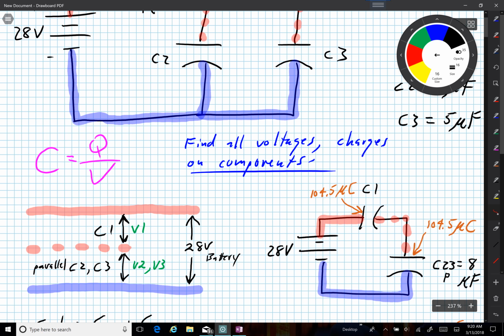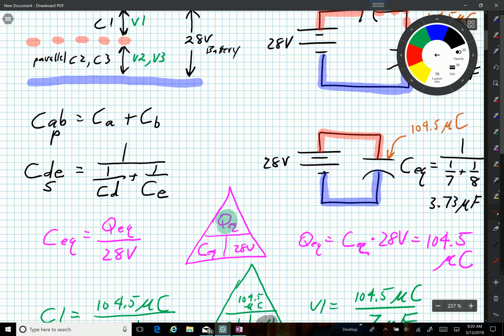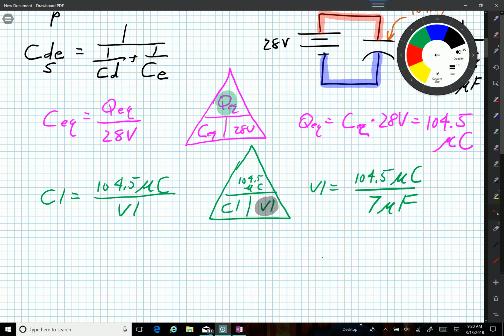Okay, so let's go back and crunch this number. 104.5 and 7. I get 14.9 volts. So V1 is 14.9 volts.